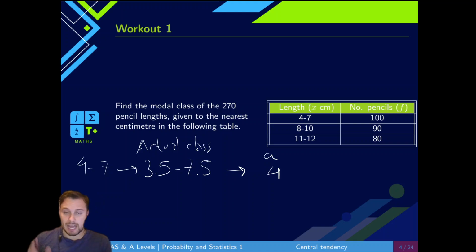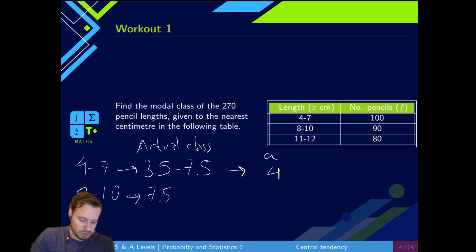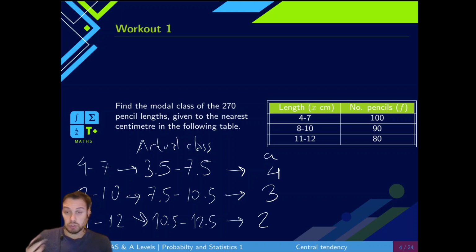So there are 4 centimeters between the upper boundary and the lower boundary. Then the class for 8 to 10 is actually from 7.5 up to 10.5, so it has an amplitude of 3. And then finally, the class from 11 to 12 is actually from 10.5 up to 12.5, so it has an amplitude of 2.